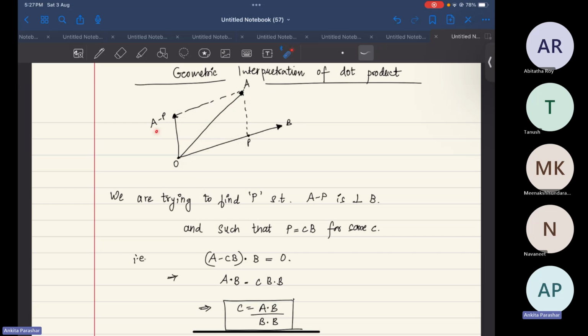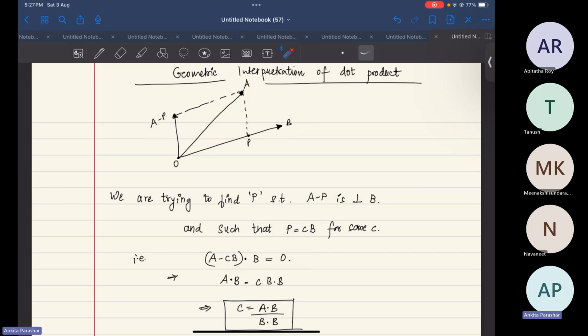So it is A minus P. Now clearly P is on the vector B itself, so P has to be some multiple of B, C times B for some C, such that if I take A minus P, then it should be normal to B. That means the dot product of A minus P with B has to be 0.